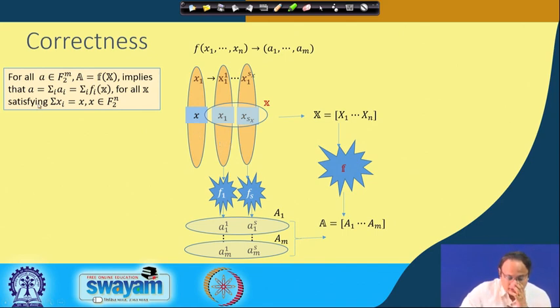If I generalize this, the output also will be masked in a similar way. So now I will have f1 to fs. Each of these gives me a11 to a1s, and am1 to ams.